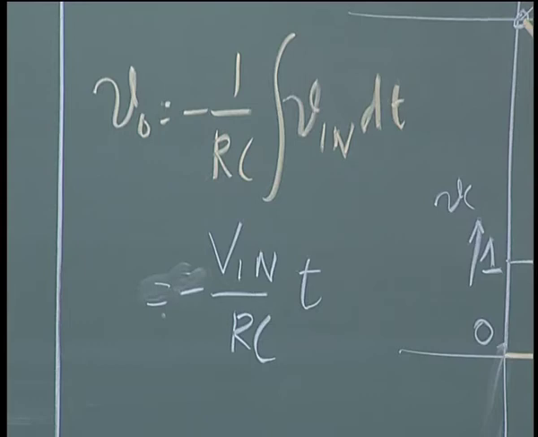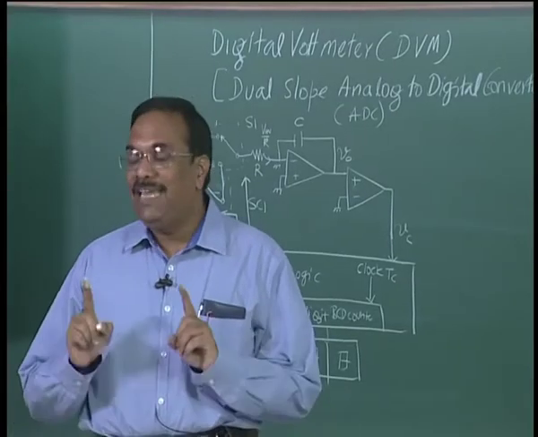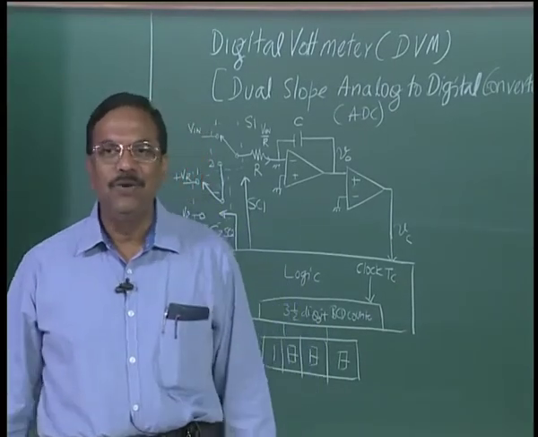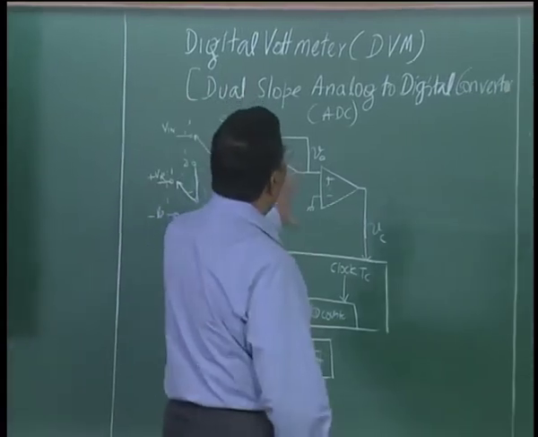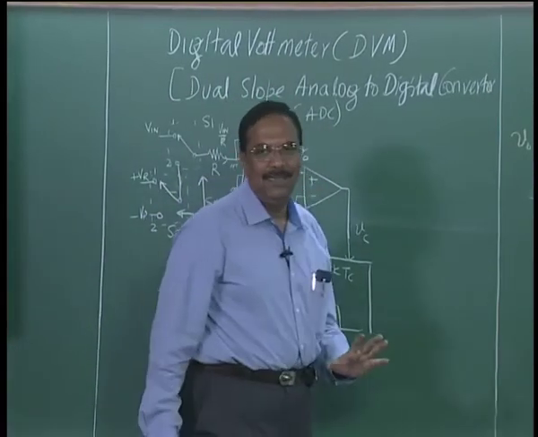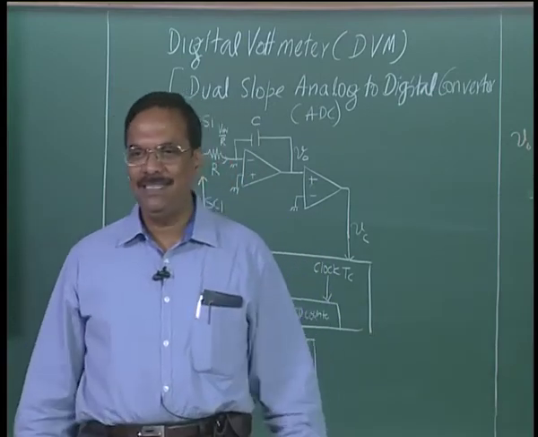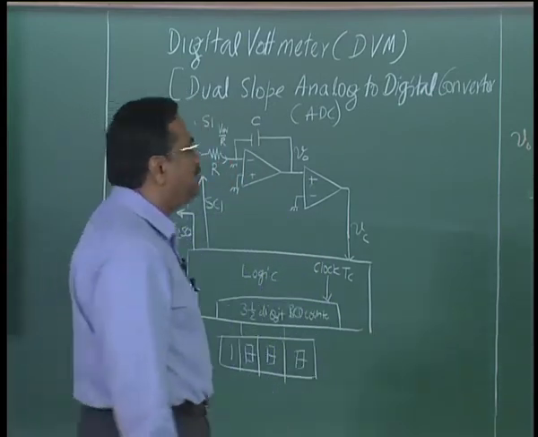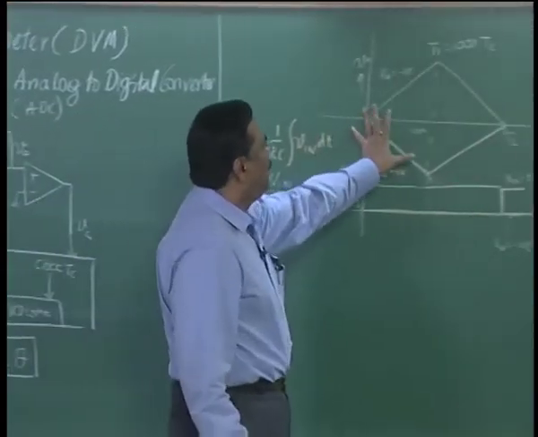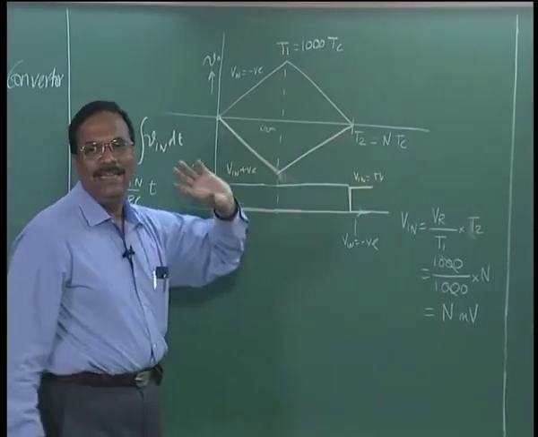When can we do that? If and only if V in is a constant, which means the dual slope digital voltmeter basically measures DC voltage, constant voltage. At least the voltage must be constant between the period 0 and T1.